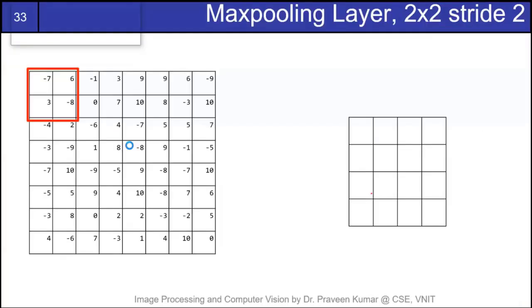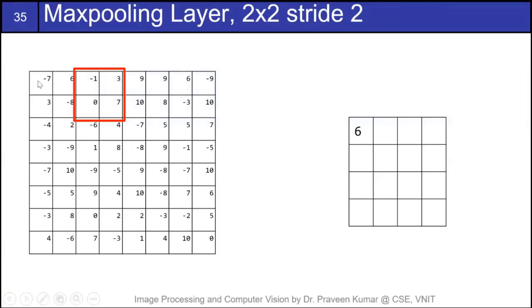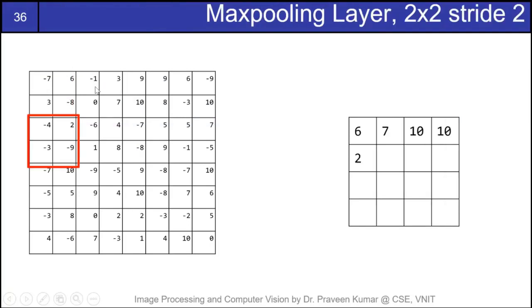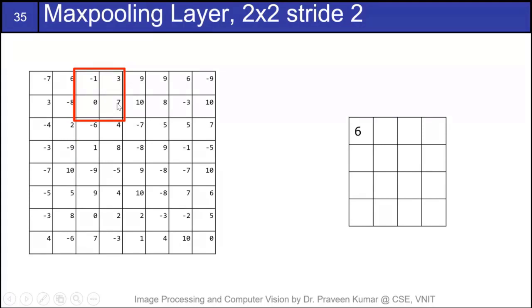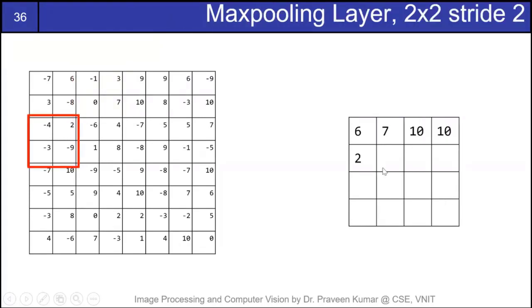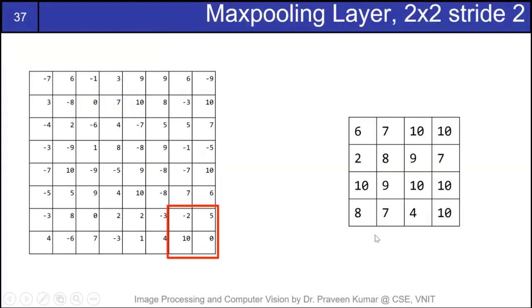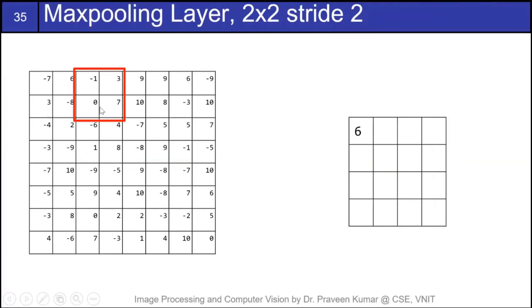This is an example of a max pooling layer with a 2 cross 2 window and a stride of 2. We take this 2 cross 2 window, and in this first location you take the max operation, so you take 6. In the second you get 7, and so on. If you continue this, we are moving with a stride of 2, so we are skipping 2 columns and then going to the next location.